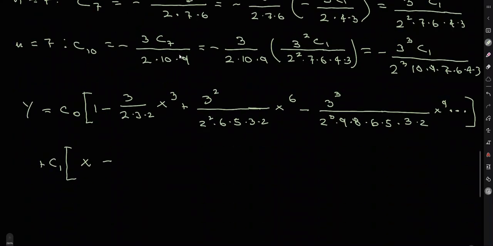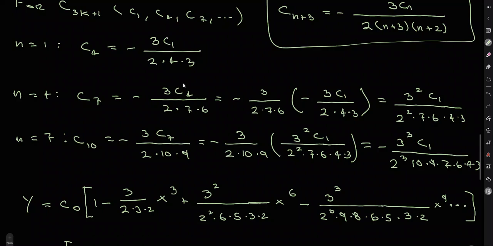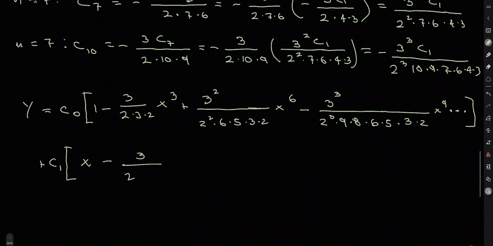Negative 3 over 2 times 2 times 4 times 3, right? And then that's x to the fourth, and then plus 3 squared divided by 2 squared times 7 times 6 times 4 times 3.